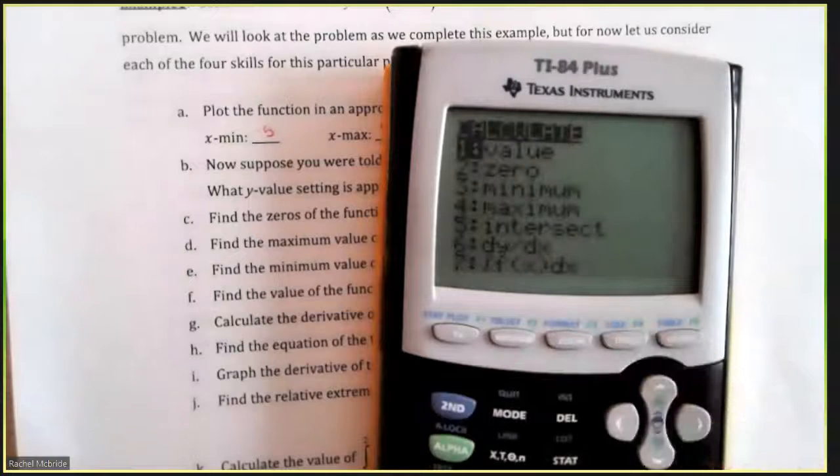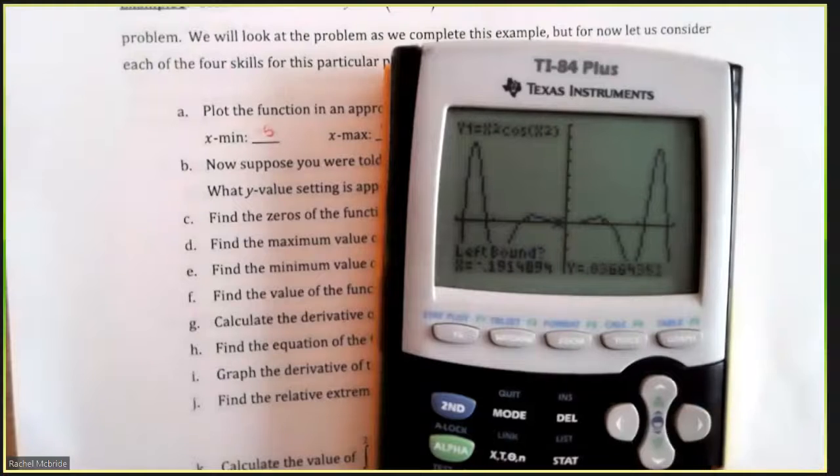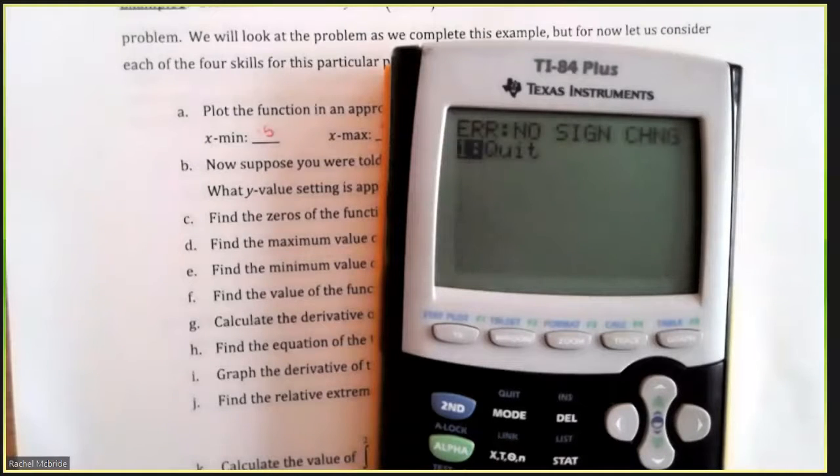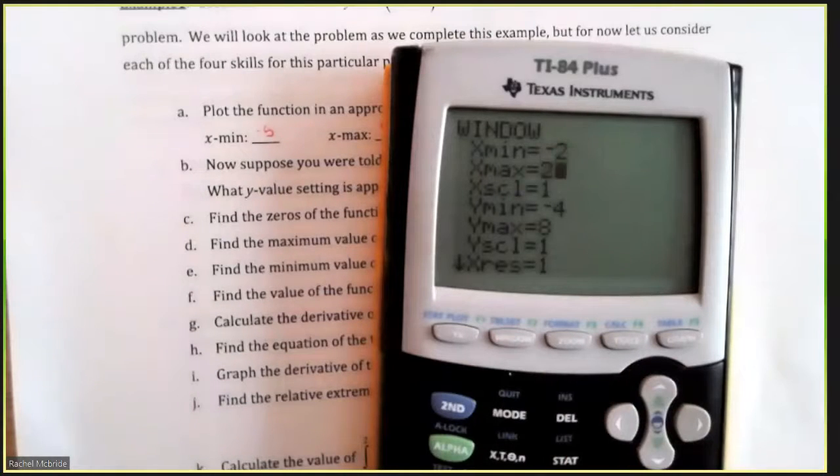Maybe I go second trace, go down to zero. I can't tell if there's one at 0, so just to be sure, I'm going to go to the left, go to the right, and guess. It said no sign change. Zoom in a little.